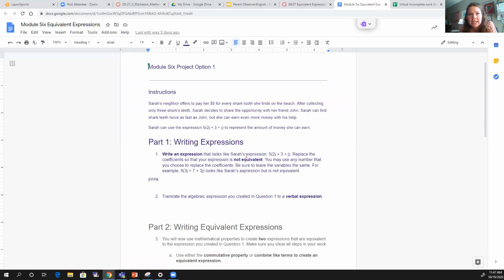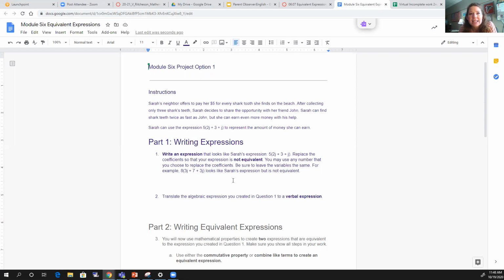You may use any number that you choose to replace the coefficients. The coefficient is the number multiplied by your variable. Be sure to leave the variables the same, and then they give you an example. This expression looks like Sarah's expression, but it's not equivalent. Oh, I shouldn't have typed those silly letters. I was just making sure I could edit it.